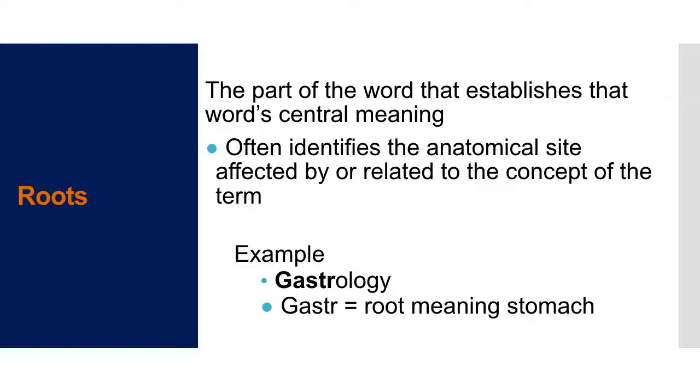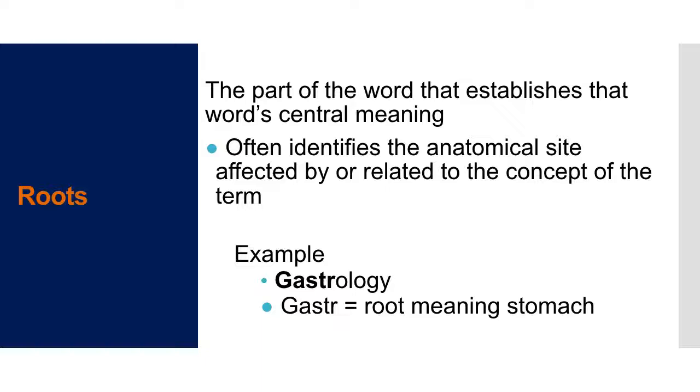So you might have the same root, and depending upon whether we're talking about what's going on with that anatomical site, or what was done to it, that's going to be told to us in the suffix, but we'll get to that in a minute.